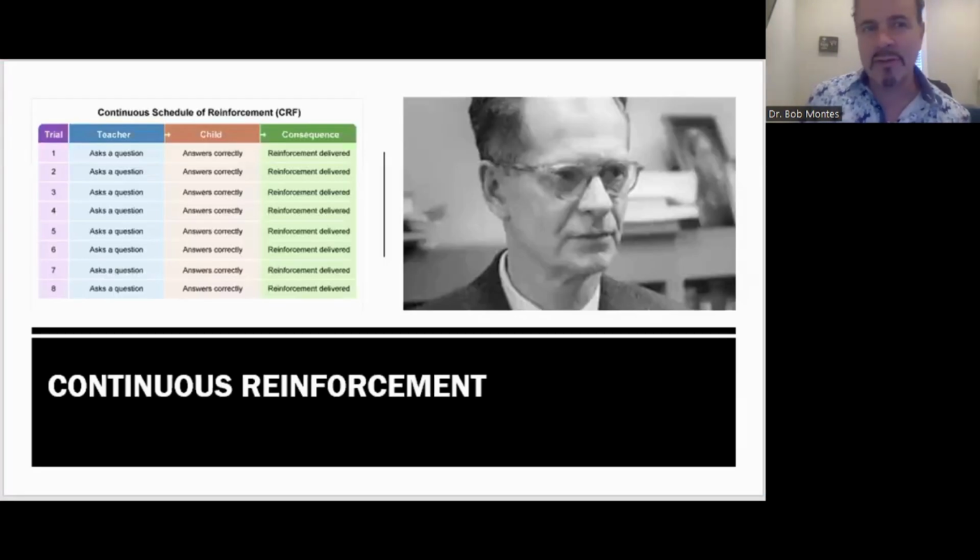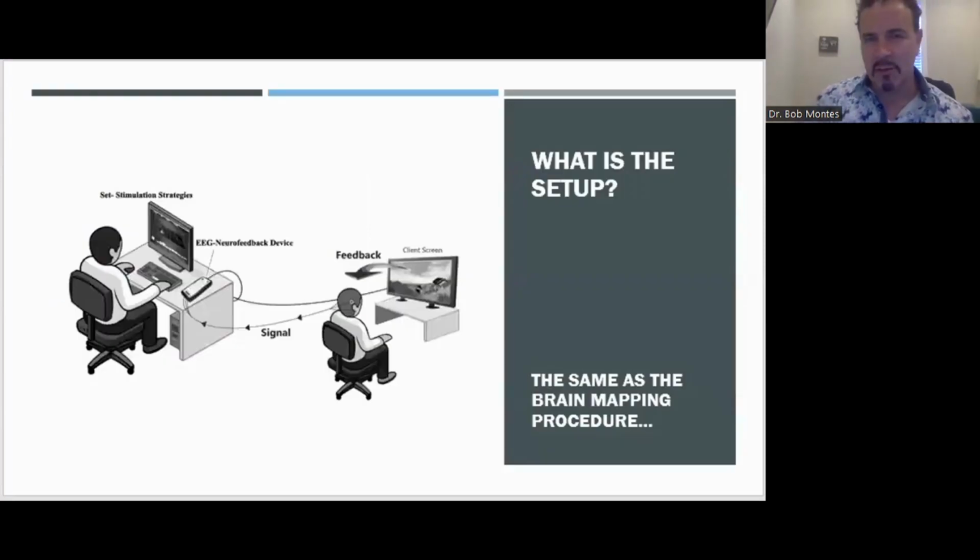This is exactly what we do with neurofeedback, except we provide continuous reinforcement and we don't provide a punishment of any type. We just simply don't reward the behavior that we no longer want to see. So we deliver reinforcement for what exactly we want it to do. And then we raise the bar for the individual to do better and better along the way.